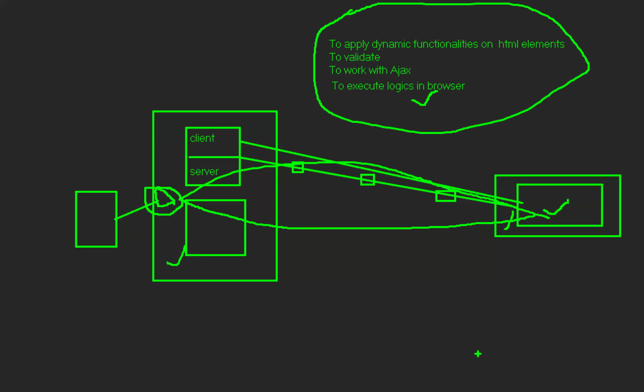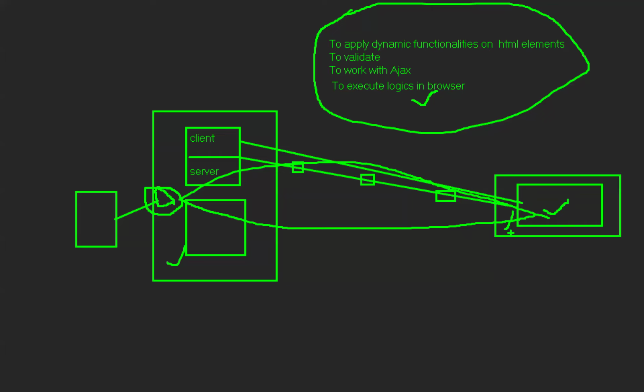For example, you want to perform a calculation, like yesterday I told you, in bank applications there is EMI calculation. The user enters the principal amount, loan amount, and tenure. When he clicks the calculate button, you can implement that code using any client-side or server-side script. The benefit of client-side script is that it executes in the browser, so the client can see the result immediately.